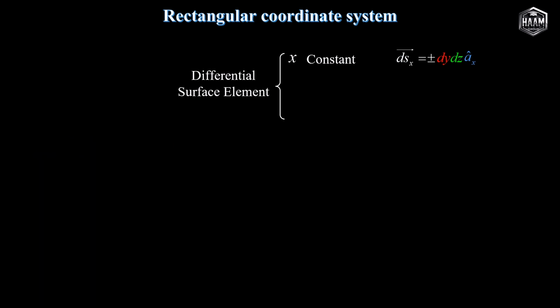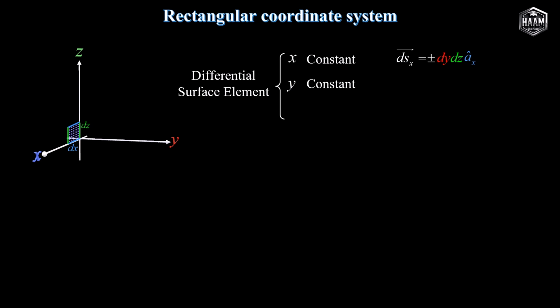In the same way, we can arrive at the surface on which y is fixed. So here we let dx vary and we multiply it by dz to form a surface on which y remains fixed.